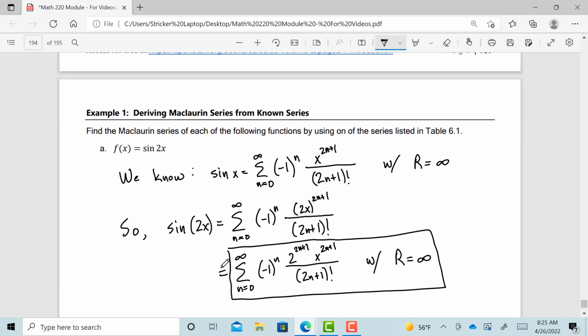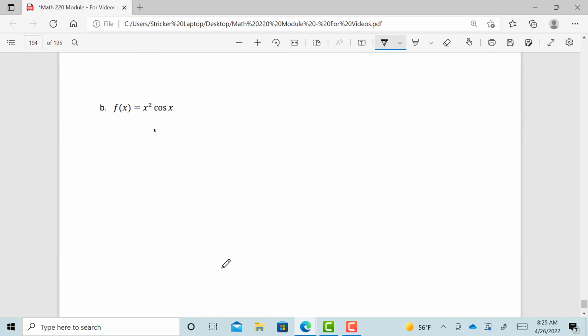Just like in the last one, we wrote down what we know: that the Maclaurin series for cosine x is the sum of negative 1 to the n, x to the 2n over 2n factorial.